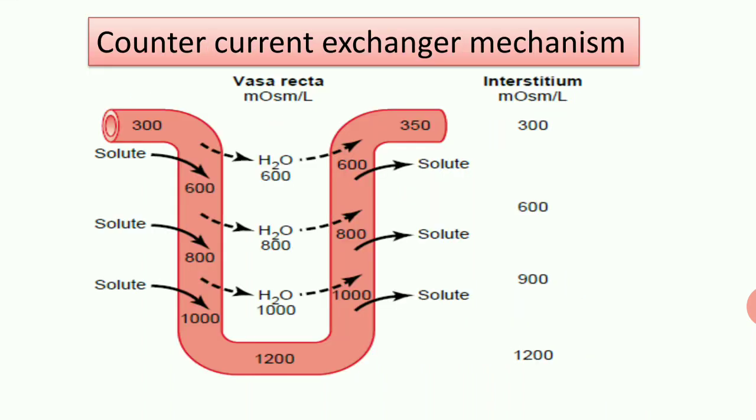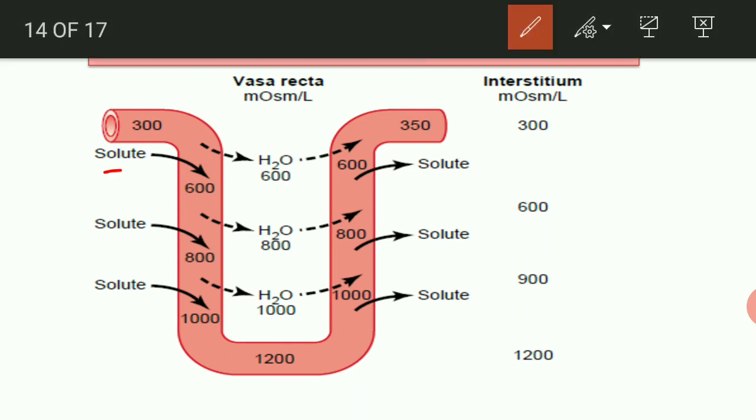Okay. For the countercurrent exchanger mechanism, the vasa recta is important. The blood flow is sluggish. Because of that, solute which enters the vasa recta at one point goes out, according to the concentration gradient in the medulla, and it is not dissipated. It means the osmolarity created by the loop of Henle is not dissipated by the vasa recta.